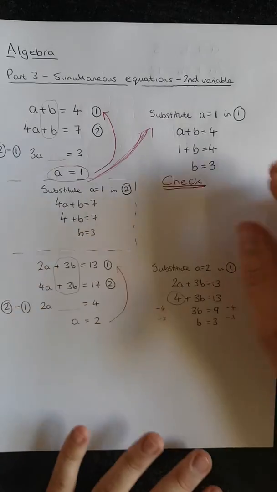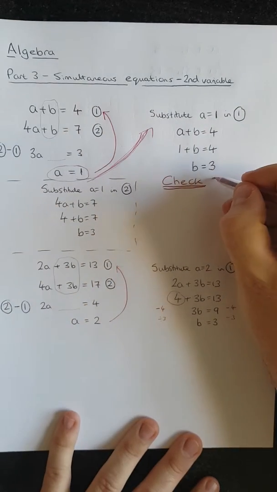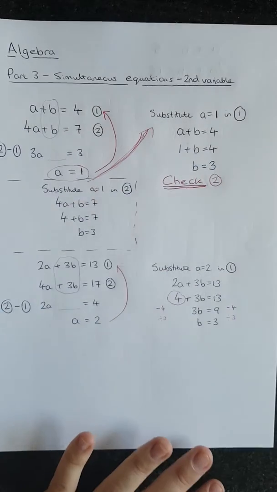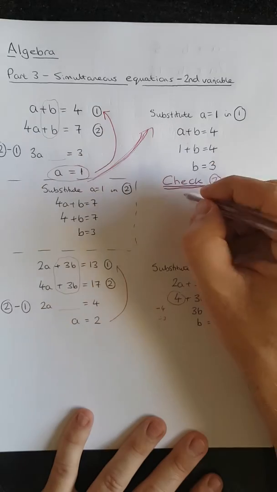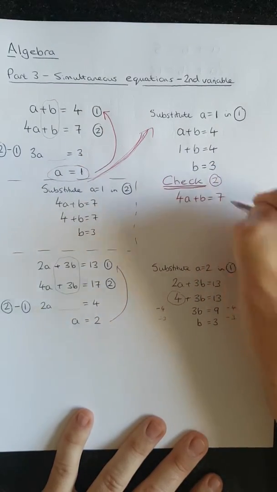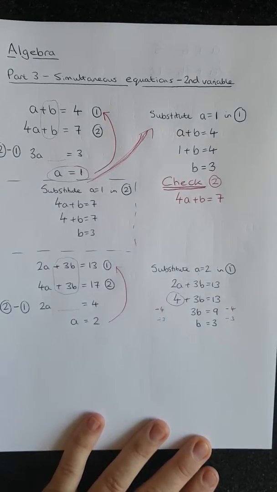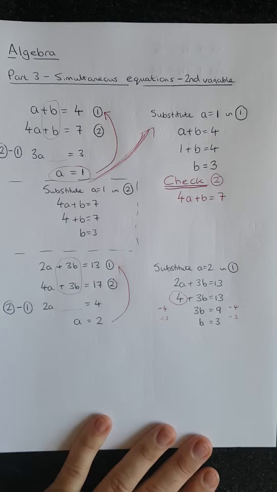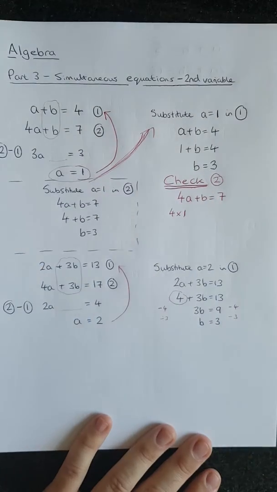Now, I've used equation 1 up here to find b. So I'm going to use equation 2 for my check, which is the other one. So here is equation 2. I'm now going to substitute a and b into this and see what happens. So a is 1, so it's 4 times 1.